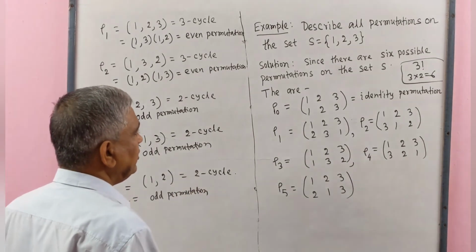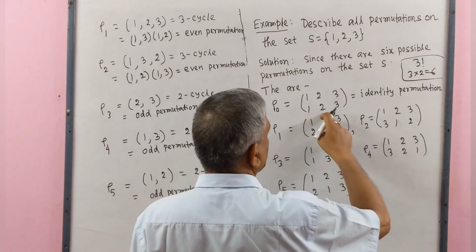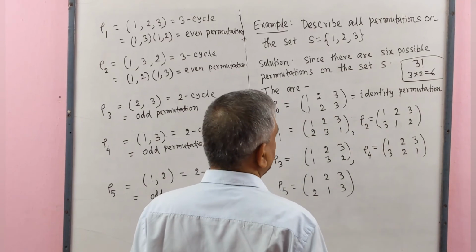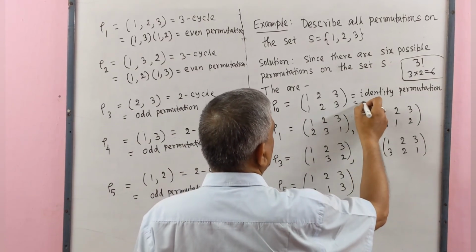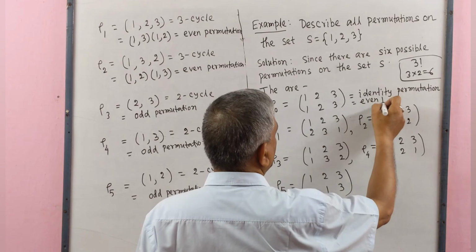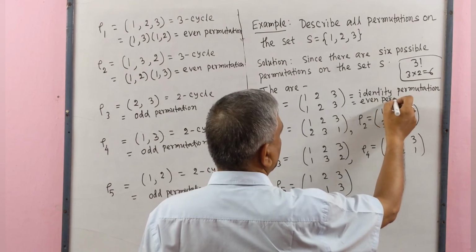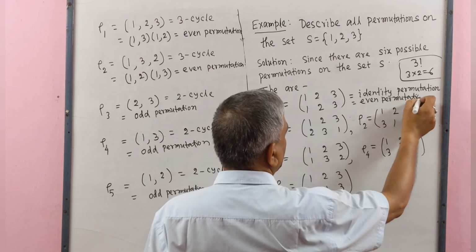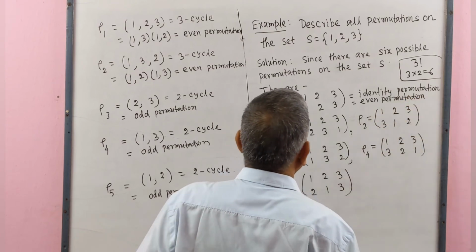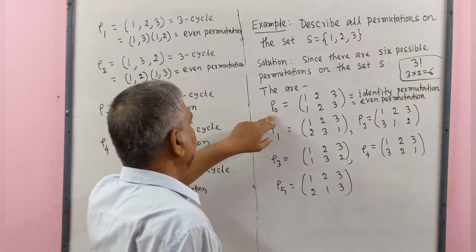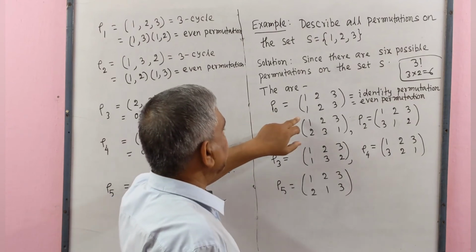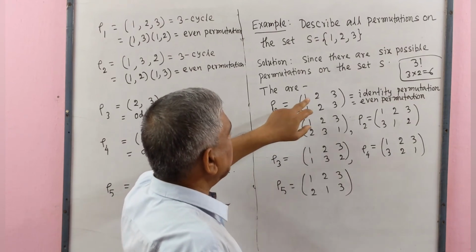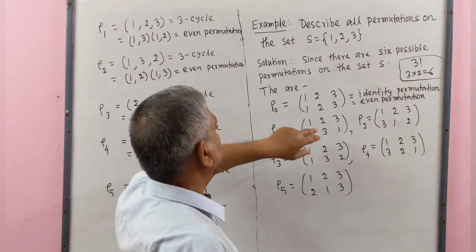And row 0 is an even permutation, because row 0 may be expressed as a product of two transpositions.